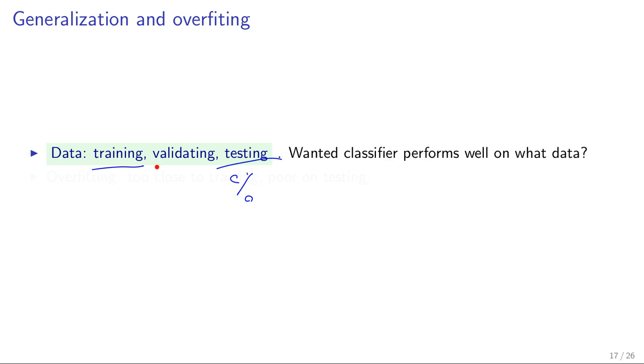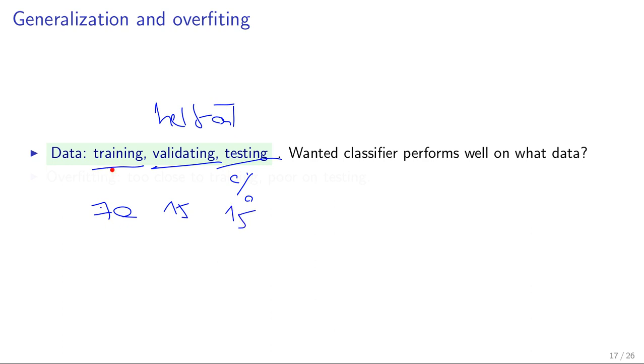Now, this validation set in the middle is useful in addition. It can also be called held out. So let's say you have 100 data points, which is little, but just for the sake of example. And let's say you split it up like this. Let's say 70, 15, 15.